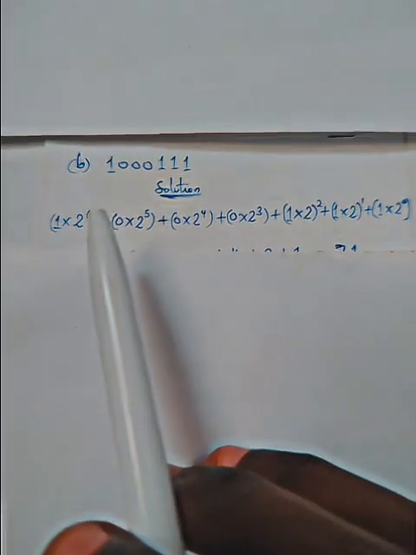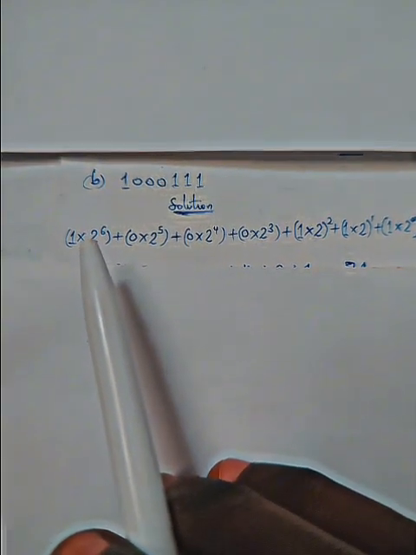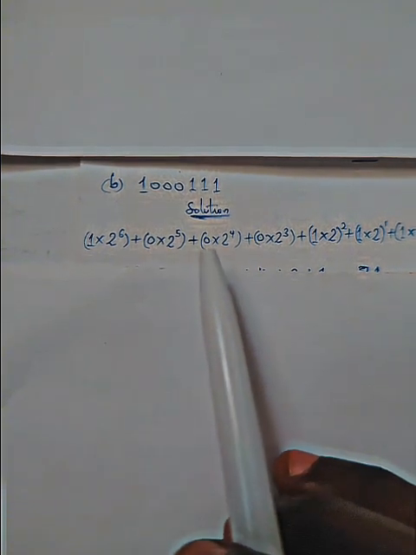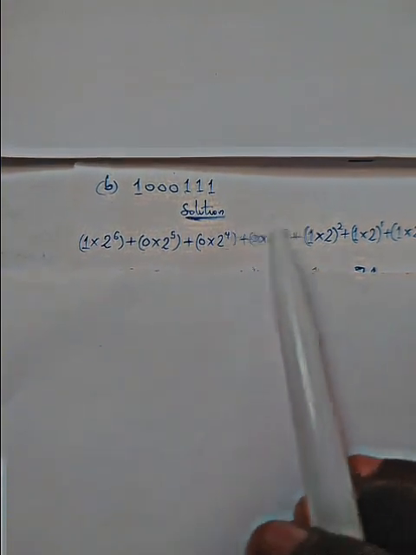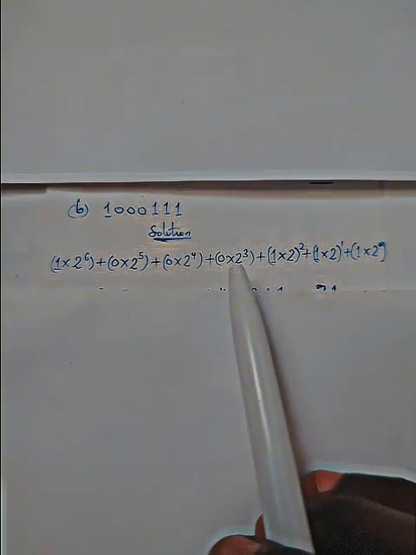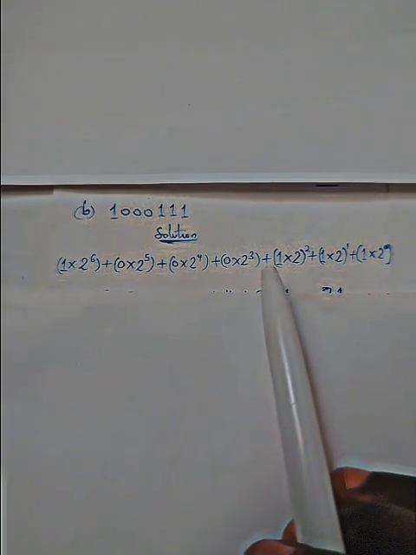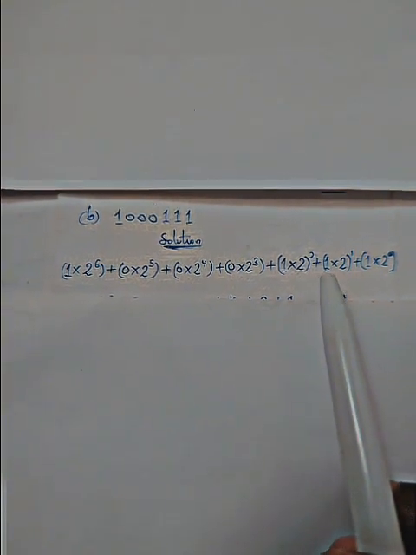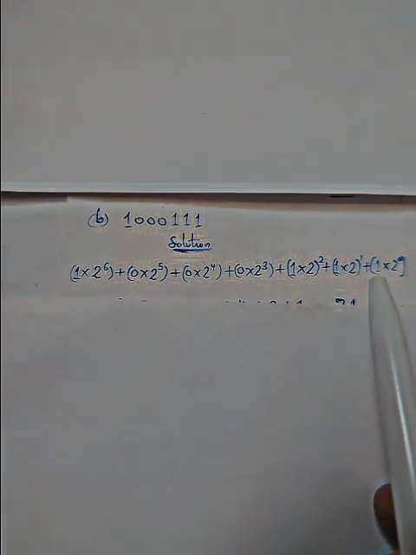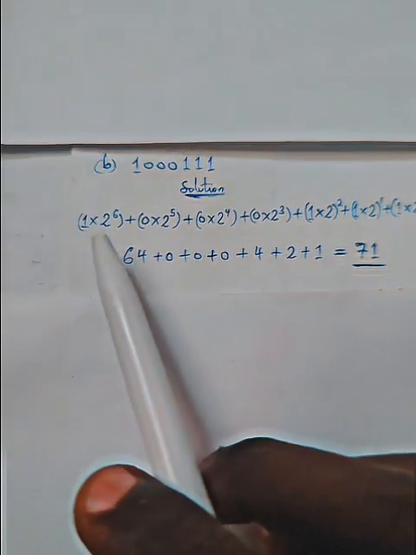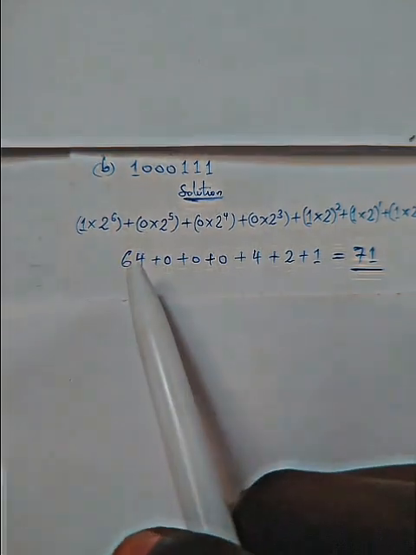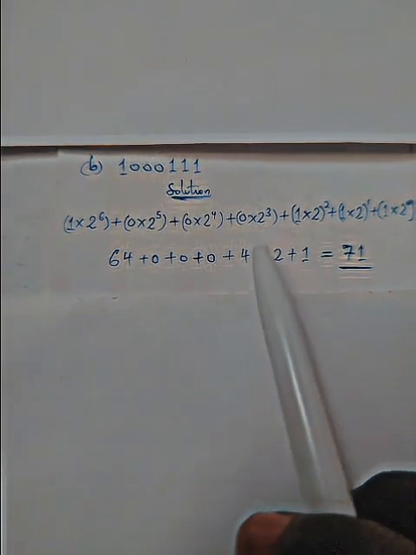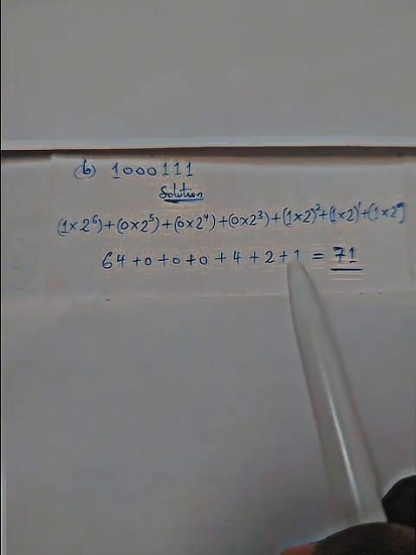Question 2b, this binary number to decimal. Therefore, 1 times 2 raised to 6, plus 0 times 2 power 5, plus 0 times 2 power 4, plus 0 times 2 power 3, plus 1 times 2 power 2, plus 1 times 2 power 1, plus 1 times 2 power 0. 1 times 2 power 6 is 64. The zeros are 0, this is 4, this is 2, this is 1.